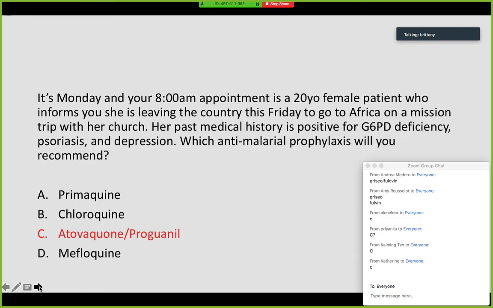Right, you guys got it. Yeah, so make sure with these anti-malarial drugs, you know which adverse effect is associated with each of those.